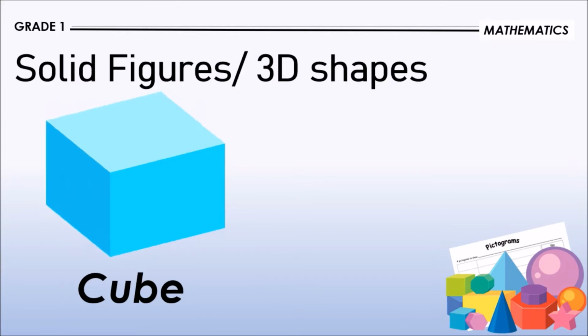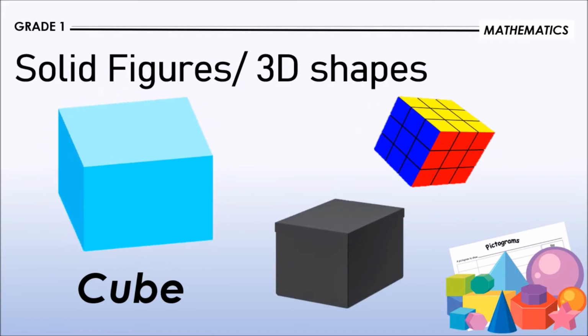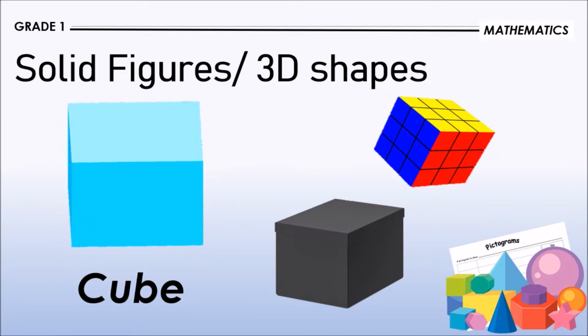Cube. For example, Rubik's cube, and a box. These things have a geometrical figure of a cube.